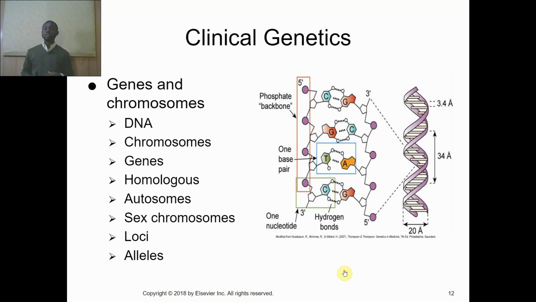So these genes regulate all the production of proteins in the body, and genes are divided into specific large chunks of highly condensed double-stranded DNA known as chromosomes.